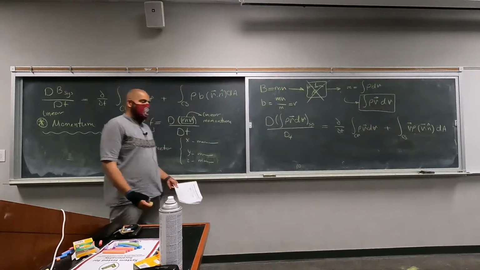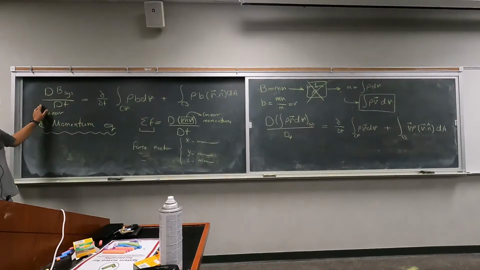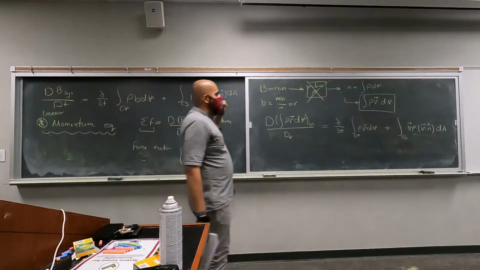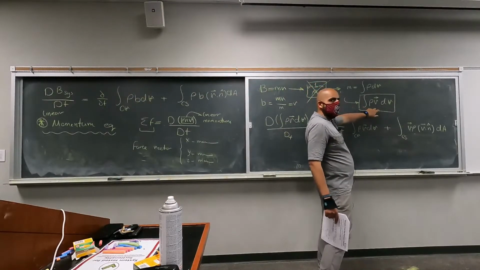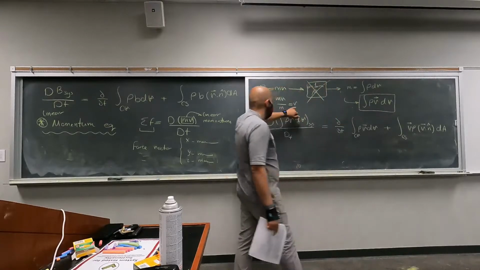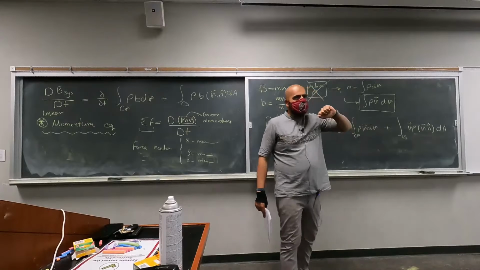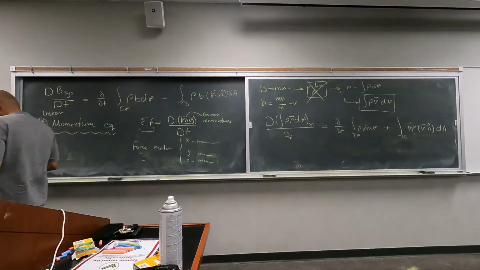So the only thing we did here, as long as you know the Reynolds transport theorem, is plug in linear momentum for your extensive property, and plug in v, velocity, for your intensive property, right? And this will give you the momentum equation.